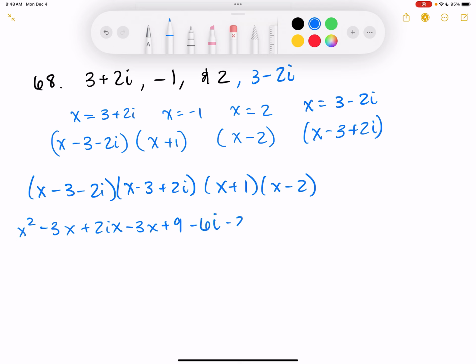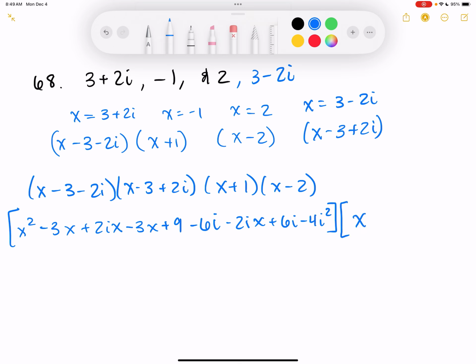Then I've got minus 2ix plus 6i minus 4i squared. And that would all be bracketed off. I'm going to simplify it before I actually multiply because I can. But this other stuff over here, when I foil that, that's just normal foiling.